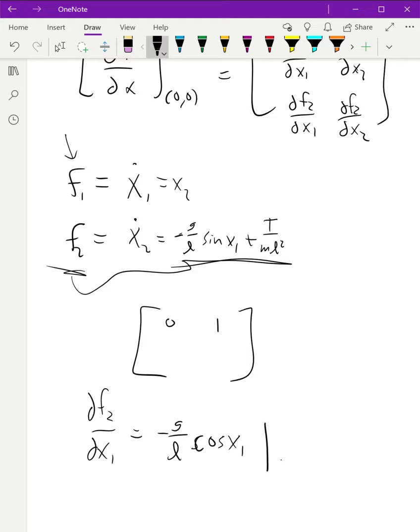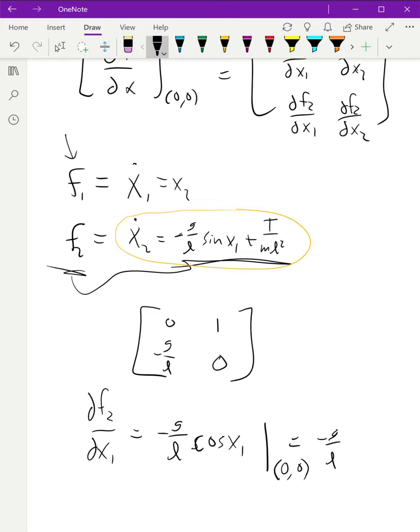We're evaluating at the equilibrium point 0, 0. You could also pick pi, 0, but we're going to start with 0, 0. And that's equal to negative g over L, because cosine of 0 is 1. And then lastly, df2/dx2, we don't see an x2 in here, so that's 0.